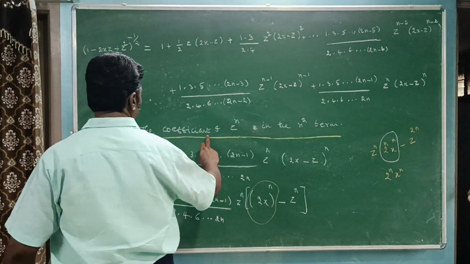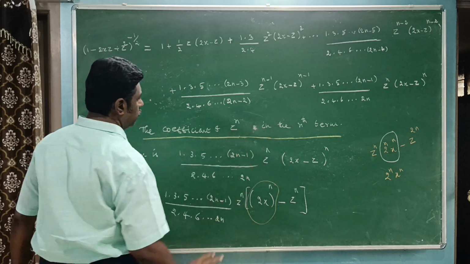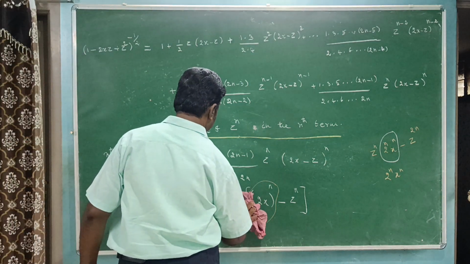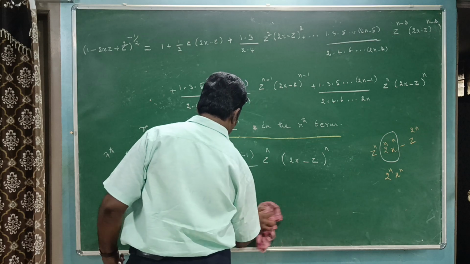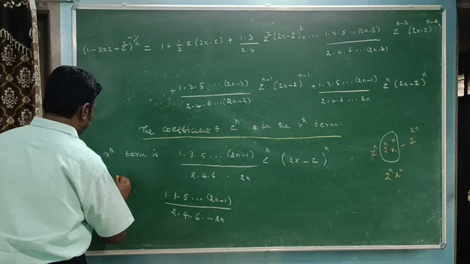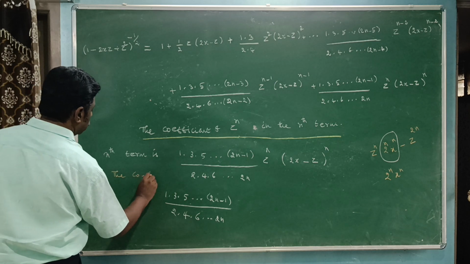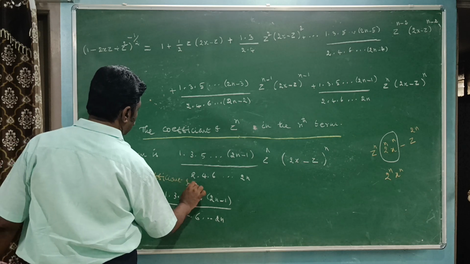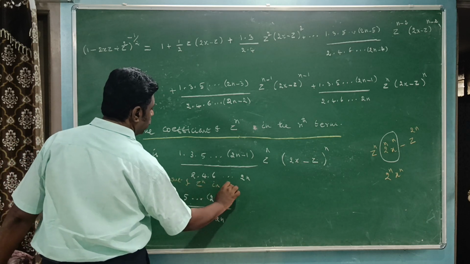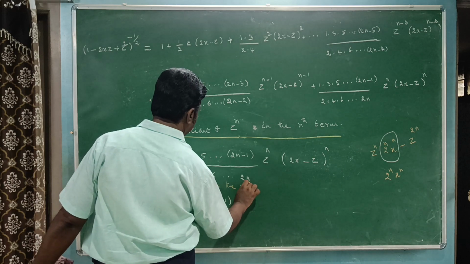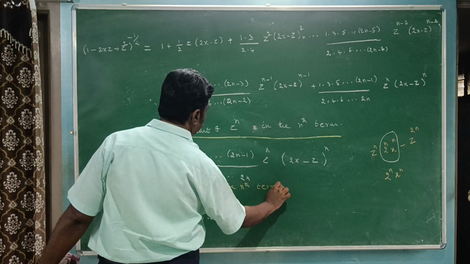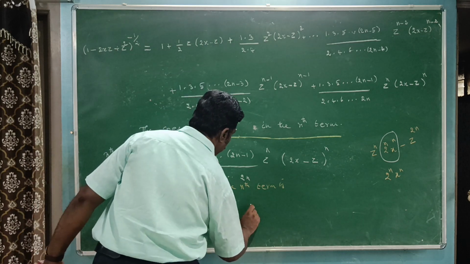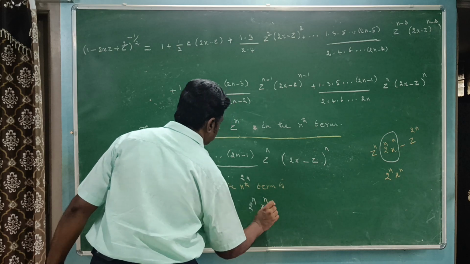Therefore, the coefficient of z power n in the nth term is this term into 2 power n x power n.